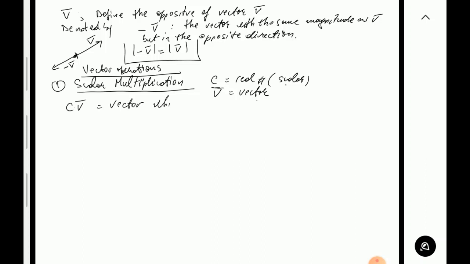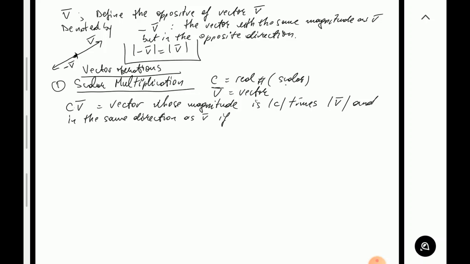whose magnitude is the absolute value of c times the magnitude of v, and in the same direction as v if c is greater than 0, and opposite direction if c is less than 0.